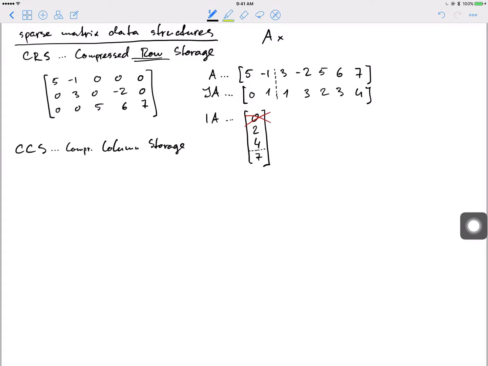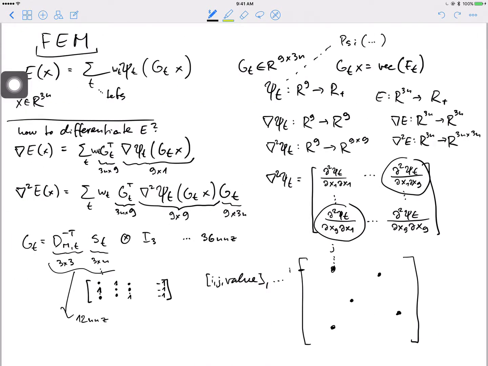Because there's this index structure here, and that's the number of columns in the case of CCS. It will be the number of rows in CRS. So in this case, CRS is fine because the number of rows is 9. But the number of columns, 3n, is not okay, because that can be 30,000, and that's 1,000 times more than the number of non-zeros.